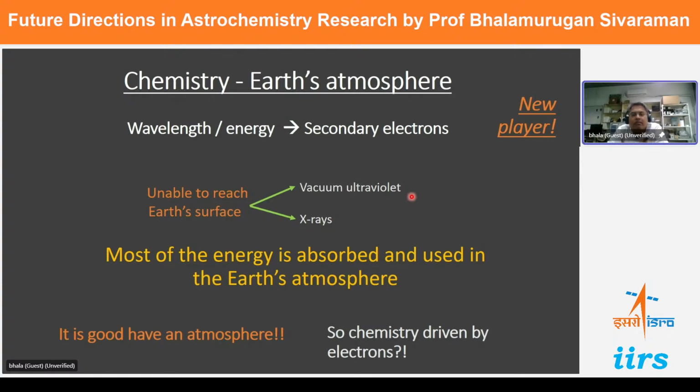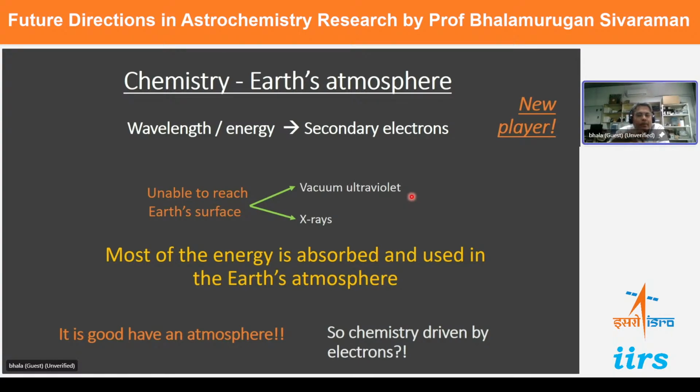The UV spectroscopy known to you has a wavelength range which stops at 220 nanometers. If you go below 220 nanometers, you're entering the region called vacuum ultraviolet. In this region the photons have higher energy than the ultraviolet photons. These are being stopped by the Earth's atmosphere.